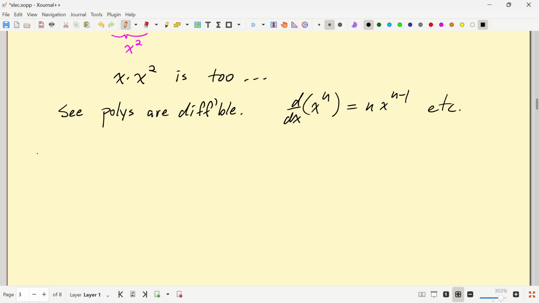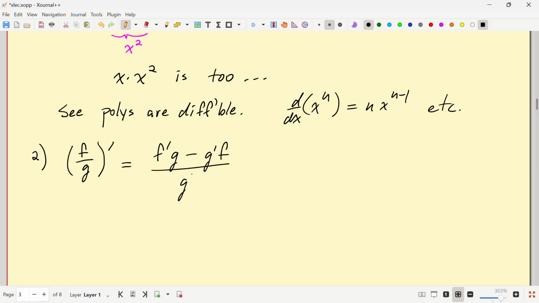And then my other favorite formula is that (f over g) prime is f prime times g minus g prime times f, over g squared, where g is non-vanishing.